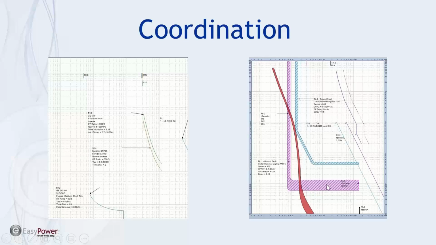This is the instantaneous setting for ground fault in a breaker, and we've got it set to trip at a level of current that exceeds, it looks like, about 10 amps at a minimum, and then is protected by an upstream ground fault breaker, which is more likely the main.